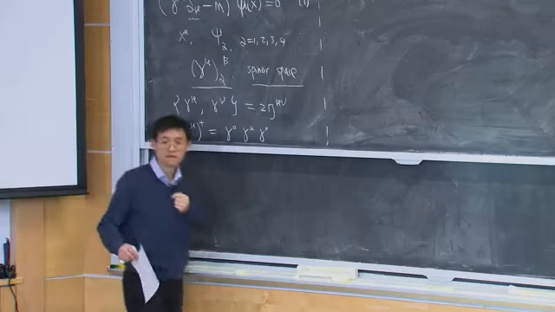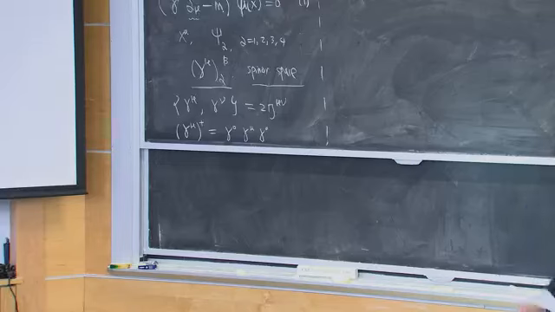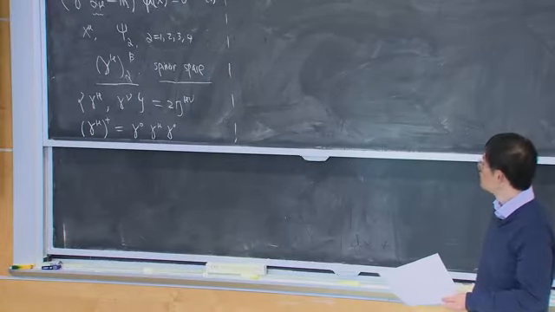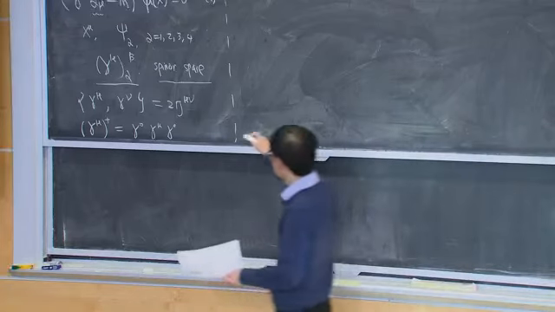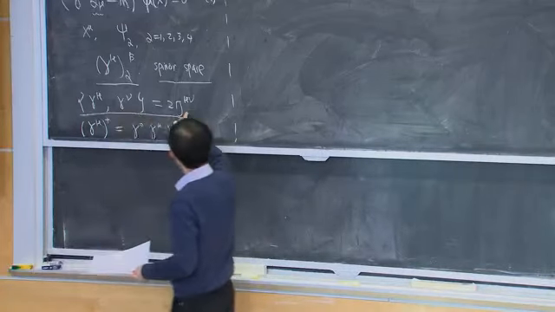Is there supposed to be an i in front of the derivative, or do we absorb the i into the gammas? In my convention, there's no i. Here eta mu nu is the mostly plus metric. Some people, when they use the mostly negative metric, may have an i in there.